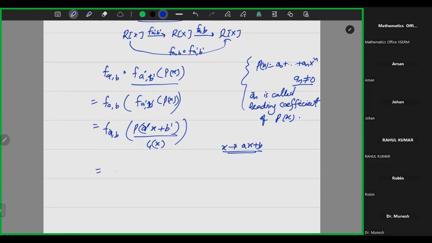So what will the next polynomial become? Let me try writing it out. This will become p(a'(ax plus b) plus b'), with x replaced by ax plus b and b' as it is.